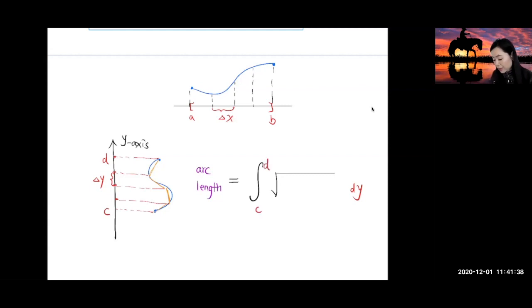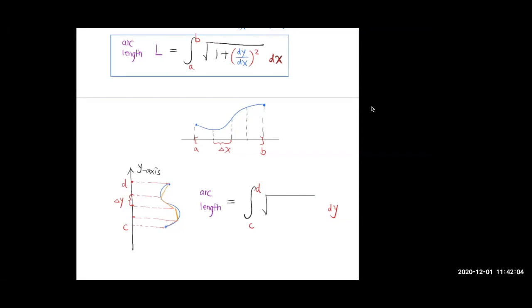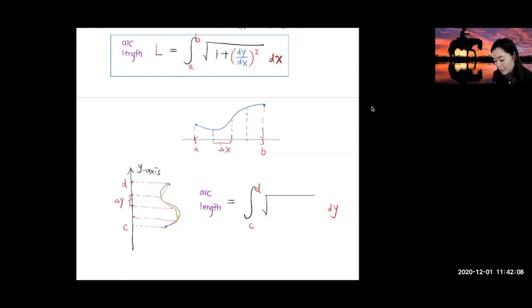Now, what do you think? Let's compare this one with this one. This one over here, you got this expression for the arc length. This one over here, what should I put in this square root? Instead, 1 plus dx over dy squared? Yes, you got it. So instead of dy dx over here, now we have dx dy.